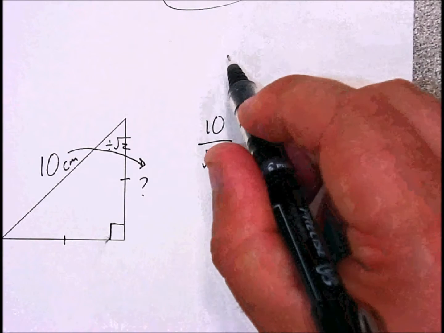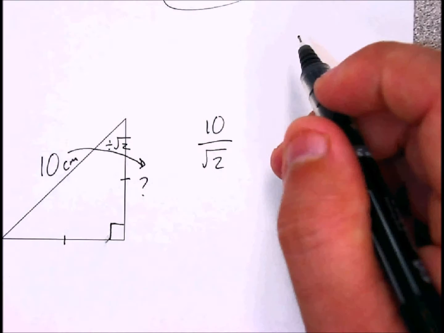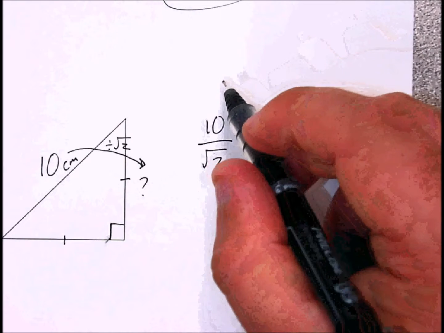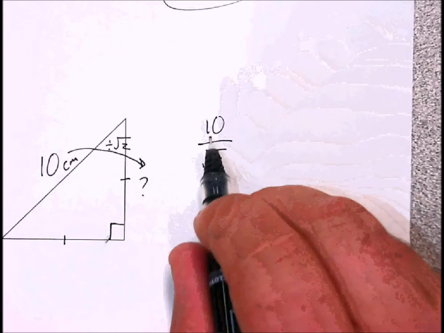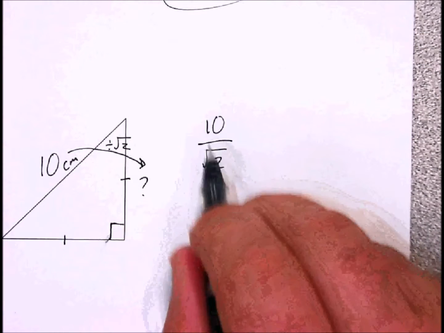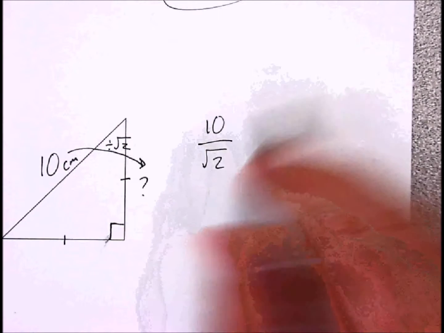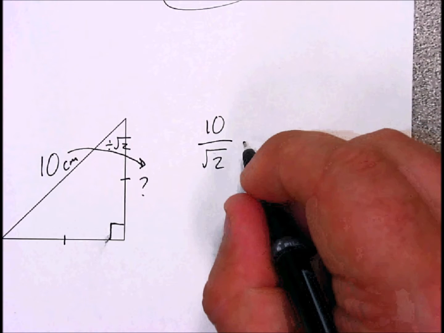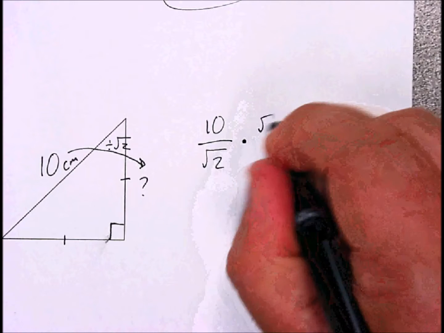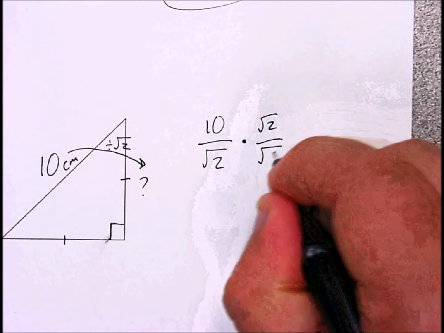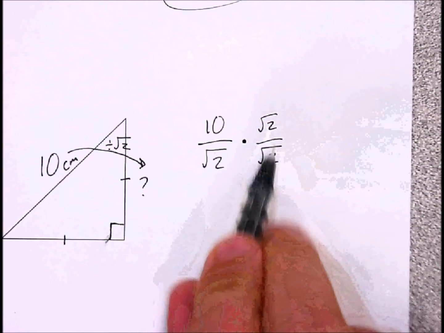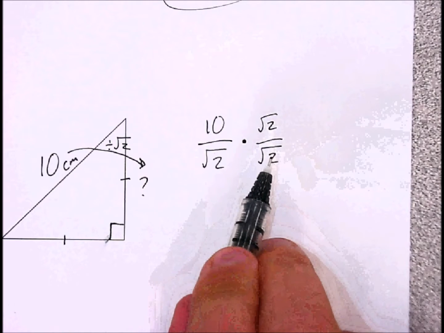Like, for example, if I took 5 times 1, I get 5. If I took 8 times 1, I get 8. If I take 10 divided by square root 2 times 1, I get 10 times square root 2. So there's a little trick. I'm going to do square root 2 over square root 2, because anything over itself is equal to 1.